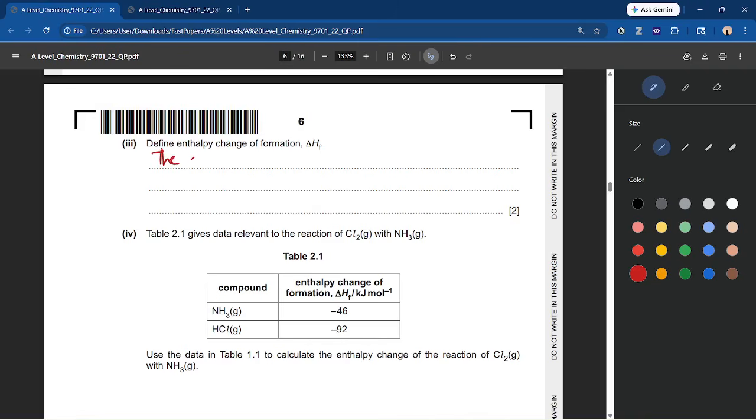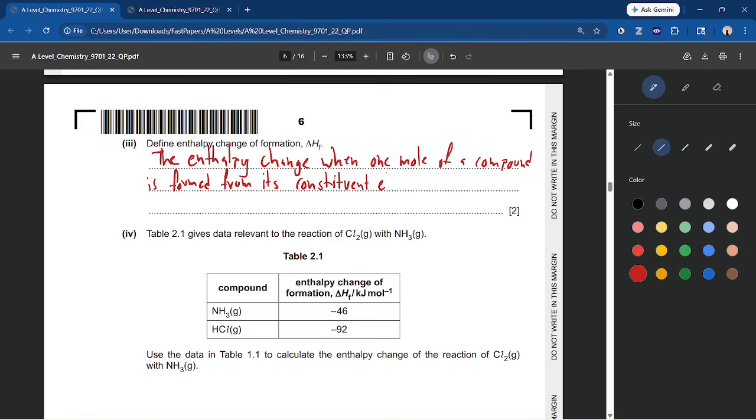The enthalpy change when 1 mole of a compound is formed from its constituent elements in their standard states.